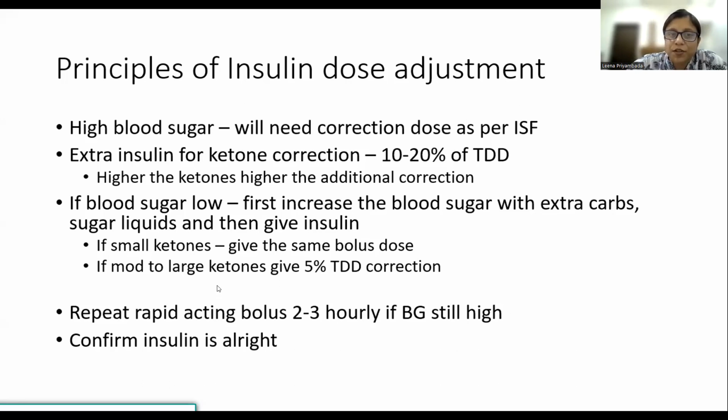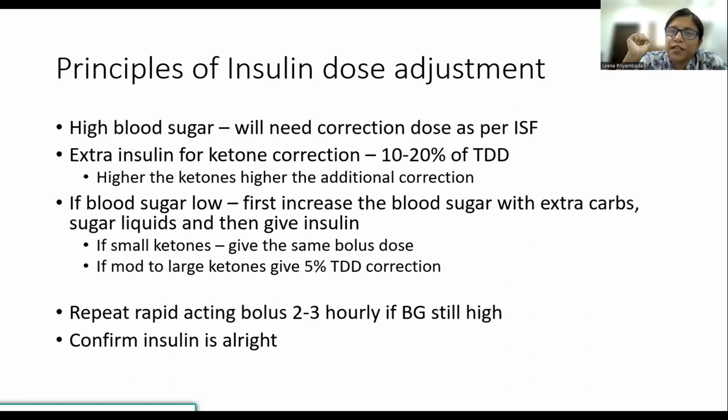But if ketones are moderate to large, then after giving the sugary fluids, when blood glucose is at least 90, okay, then give 5% of the total daily dose as the correction dose. So for example, if a child is having long vomiting, diarrhea, and the blood sugar is 70 and ketones are moderate, so that is in the middle of the urine ketones range, the darker side of the pink, but not very dark pink, and the child is taking 20 units of insulin per day.